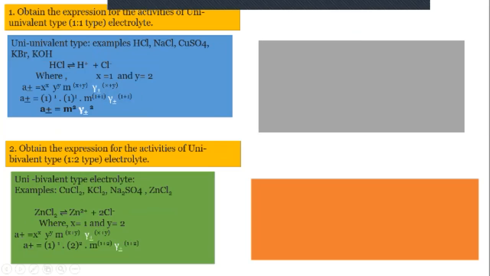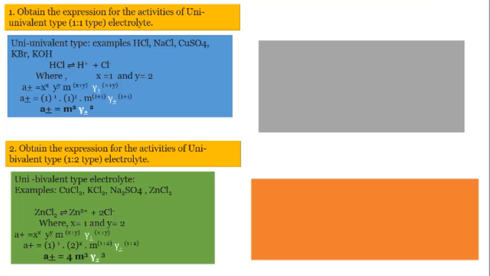Then a plus or minus is equal to 4 m cube gamma plus or minus cube. That will be the activity of this particular 1:2 type of electrolyte.